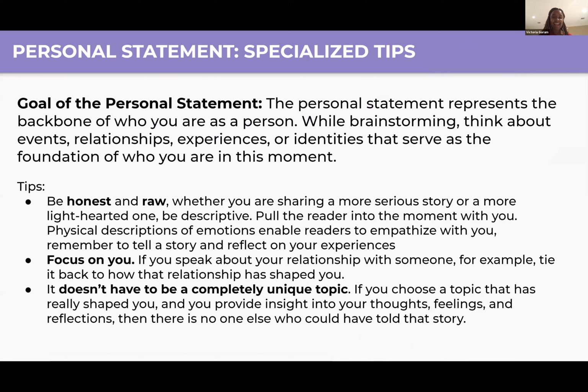I know that sounds intense, but while brainstorming, you can think about events, relationships, experiences, or identities that make up that backbone of, like, Victoria, for example. And just make sure to be very honest and raw, especially for the more serious essays. I think it really helps the reader empathize with you, connect better with you if you're really sharing all of the things that you felt in that moment in time.